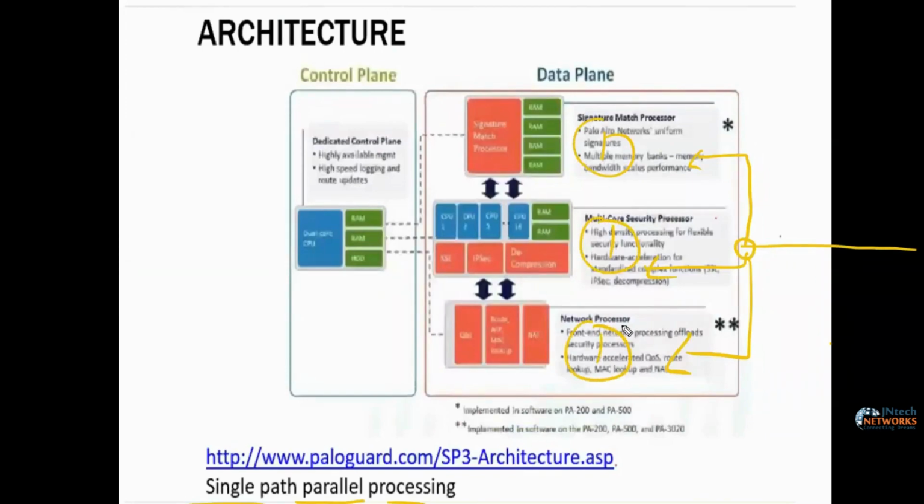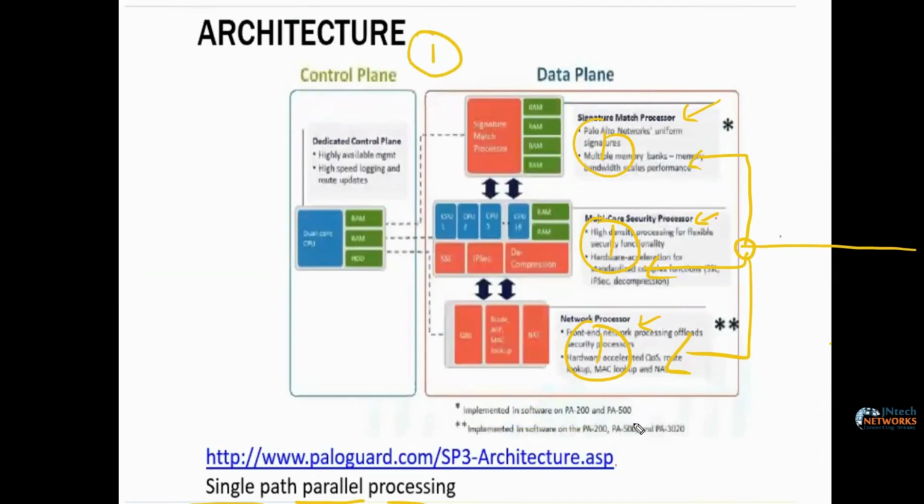It's not a one-by-one process. We have 3 engines: signature match processor, multi-core security processor, and networking processor. They process the traffic parallelly, so it will take only 1 second to process your traffic.